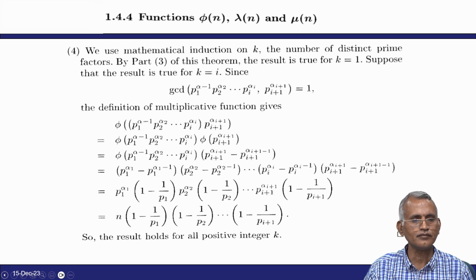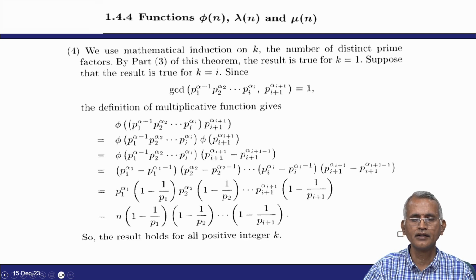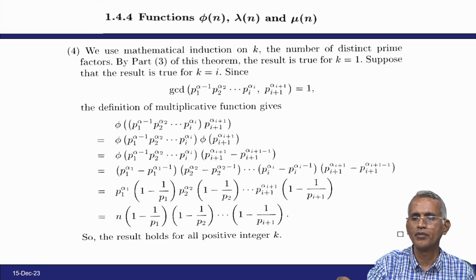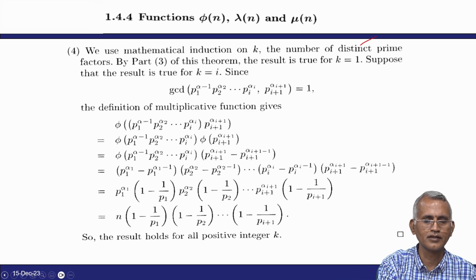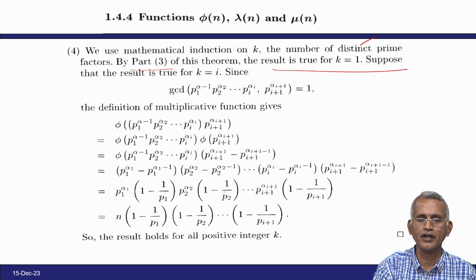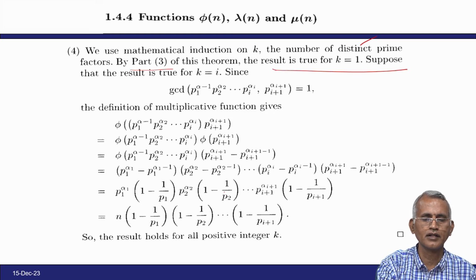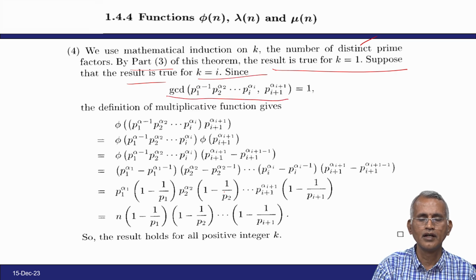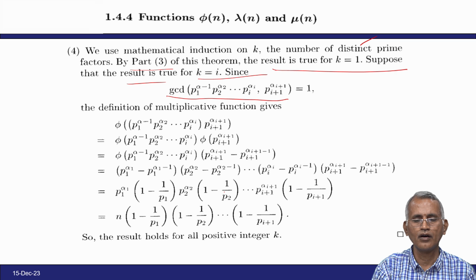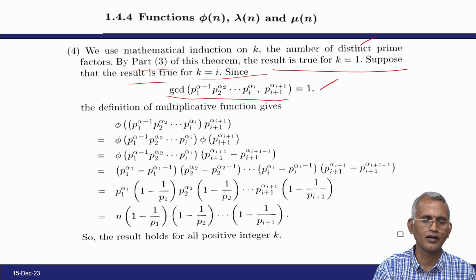Now, we use mathematical induction on k, the number of distinct prime factors. By part 3 of this theorem, the result is true for k equal to 1. Suppose the result is true for k equal to i. Then the GCD of p1^alpha1 into p2^alpha2 and so on up to pi^alphai, and p(i+1)^alpha(i+1), equal to 1.